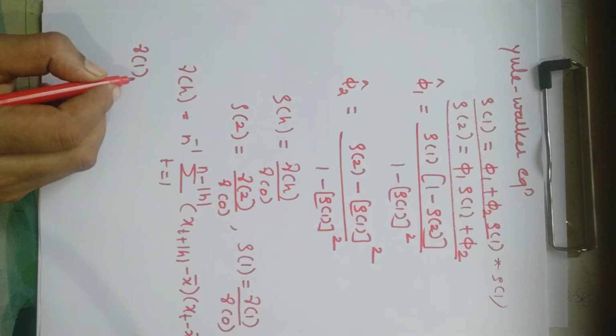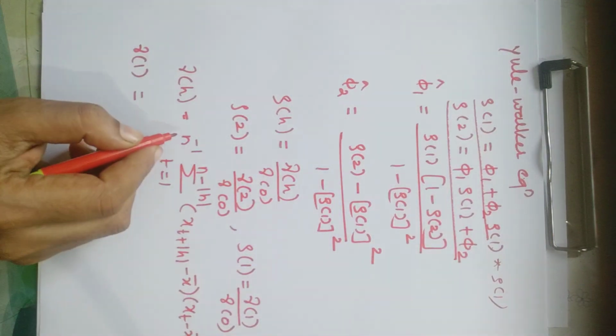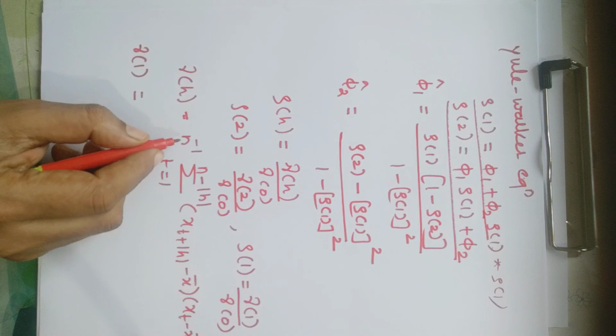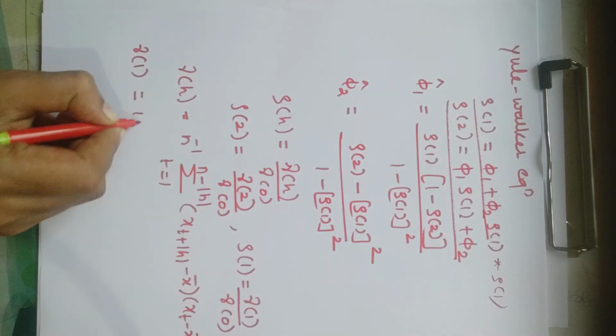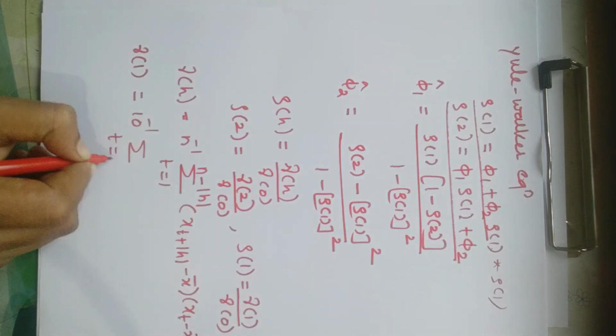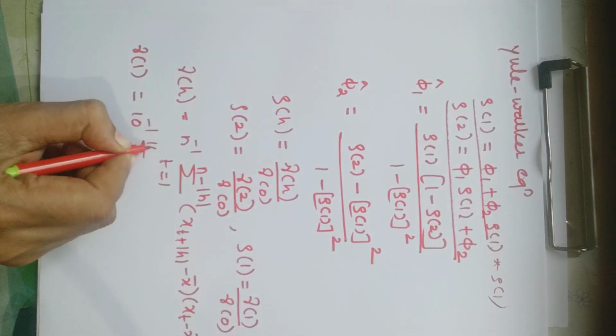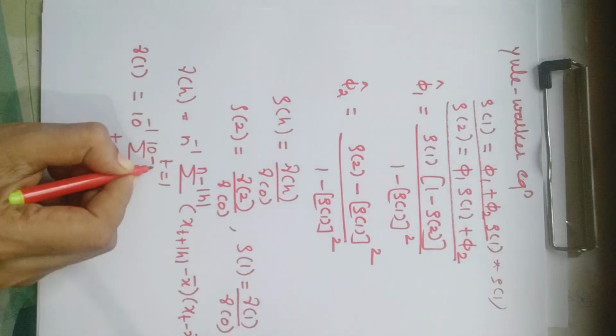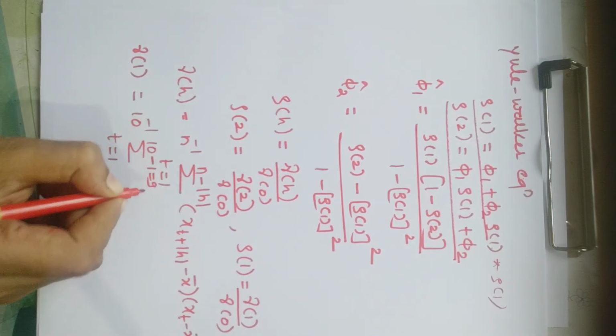In this example we have been given 10 observations, so 10 raised to minus 1 here, summation t equal to 1 to n, which is 10 minus 1, which is equal to 9.